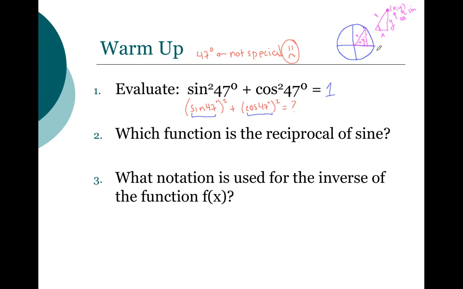So you just get x, y for this, cosine, sine. So I want you to think like this. You've got cosine of 47 squared. Well, that's going to be some x value squared plus the sine of 47, I messed that up, this is why it says sine, plus x squared equals something.